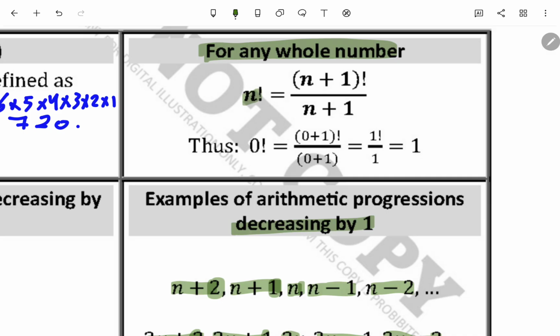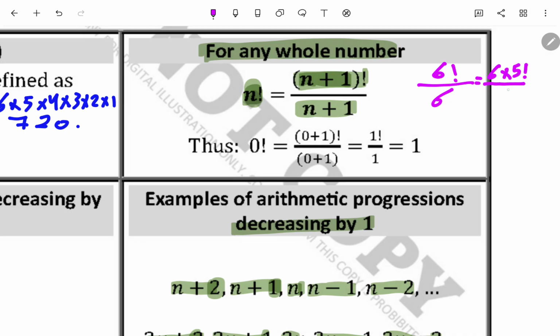If we say that n factorial is equal to, if you have n plus 1 factorial divided by n plus 1, you can get n factorial. Let me give you numbers. For example, if I have 6 factorial divided by 6, I will expand it to give 6 only, which is the first factor, multiplied by 5 and leave the factorial beside it.